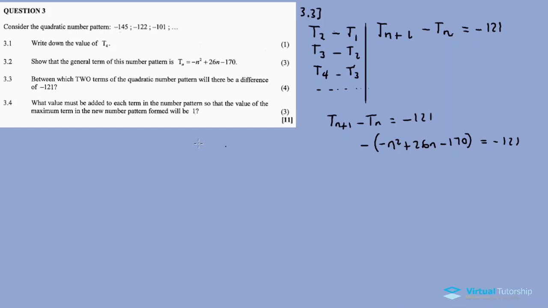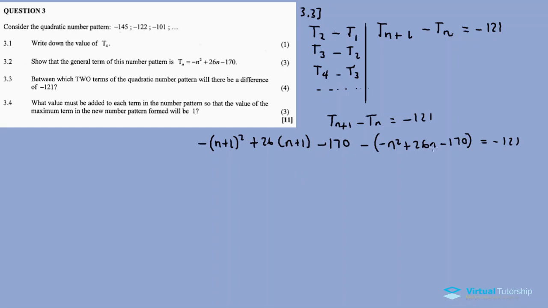So sizoti minus, where there's n, now it's n squared la, ngiyofaka u-n plus 1, squared, plus 26 where there's n ngiyofaka u-n plus 1 minus 170. Boom, we have an equation again.